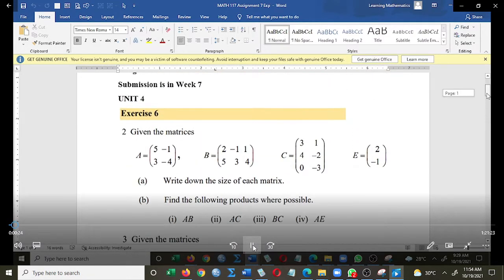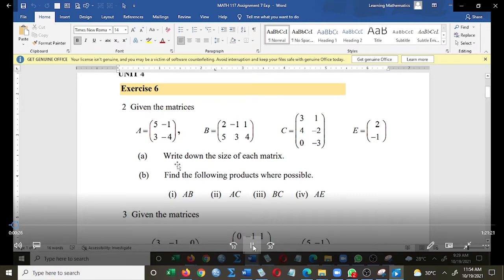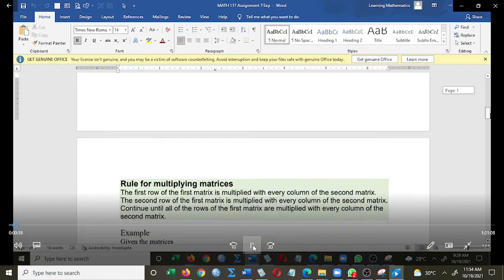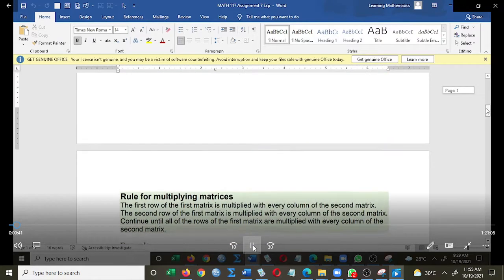The first question asking, given the matrices, write down the size of each matrix. So it appears that this looks like revision based on what we have covered so far. Okay, so what we need to do is to formulate an example thereof.